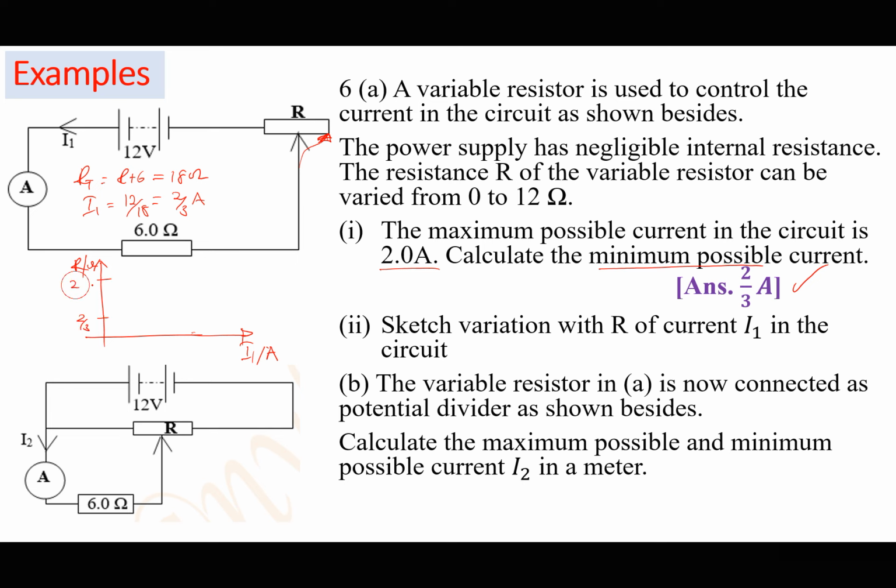Sorry, I'm sketching current against resistance. So R is going to be from 0 to 12, and the current is 2 over 3 and then 2. So when resistance is 0, the current is 2 over 3.